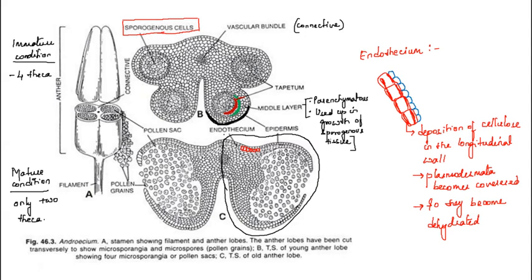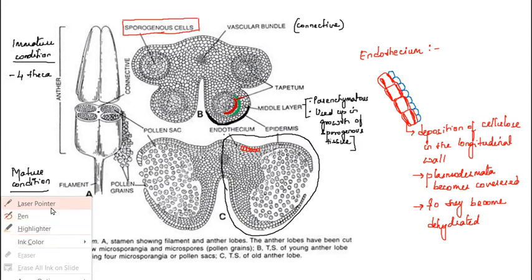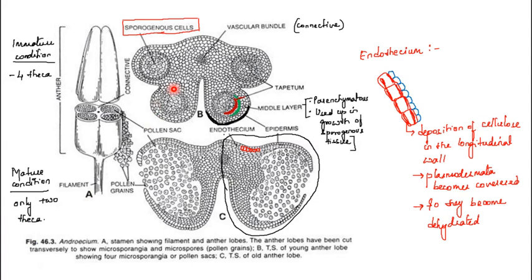In each lobe, the circular parts which you see are two microsporangia, and in the other lobe there are another two microsporangia. These microsporangia are the regions producing microspores. I'll come to another picture later.